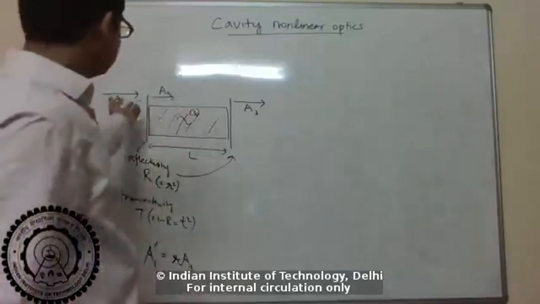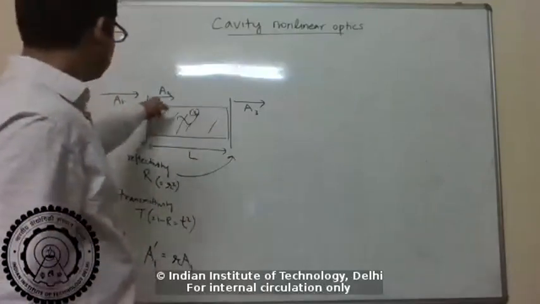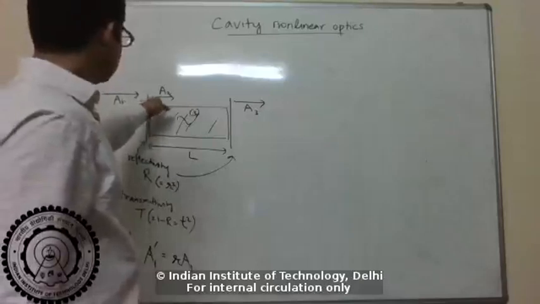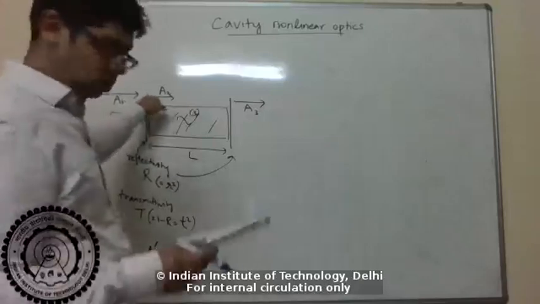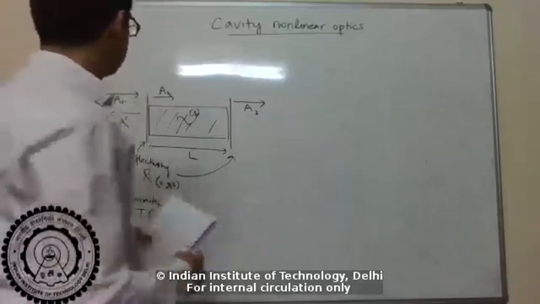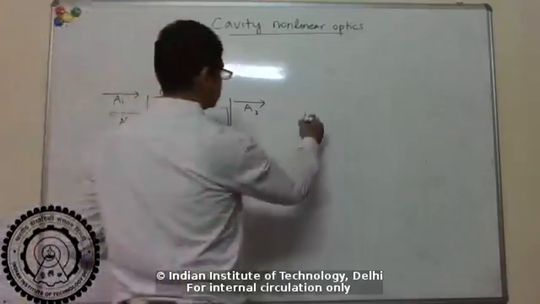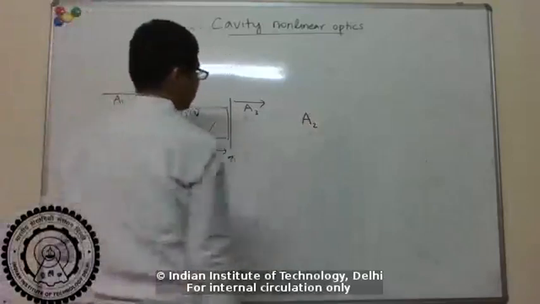Right? And then in steady state, let's see what the field A2 is. We can write A2, the field inside the cavity.